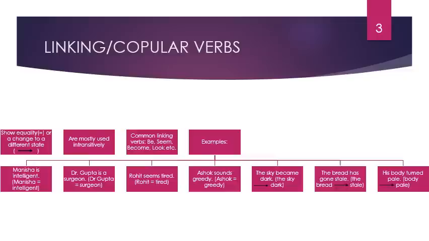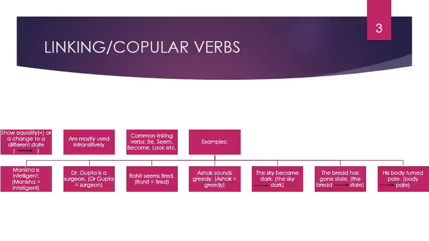The first classification of verb is the helping verb, and under helping verb the first kind we have is the linking verb. These linking verbs may also be termed copular verbs. Linking verbs show equality or a change to a different state, which would mean that either they state that two things are common or equal, or they state that a change is happening from one form to another.